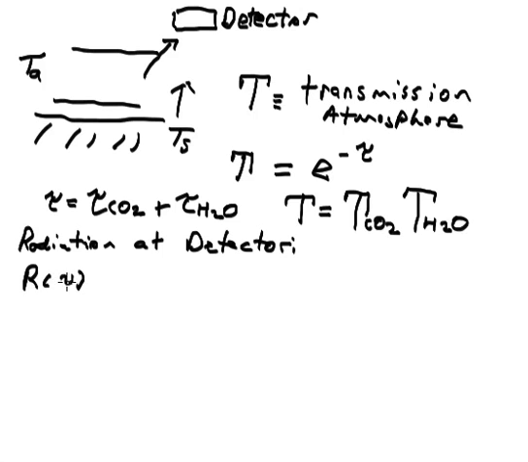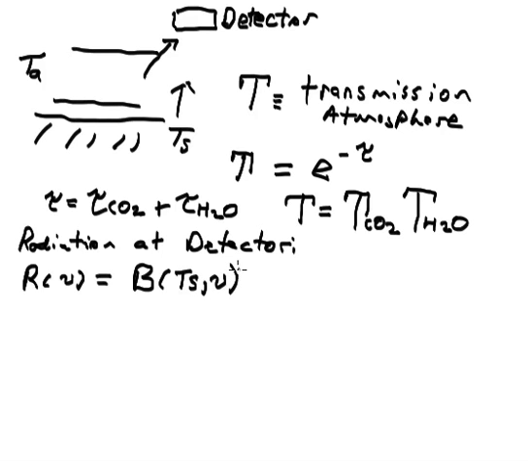So nu represents wave number here, and it is going to be equal to the black body emission from the surface. So we'll call that B, as a function of the surface temperature, and of course that's a function of the wave number as well.